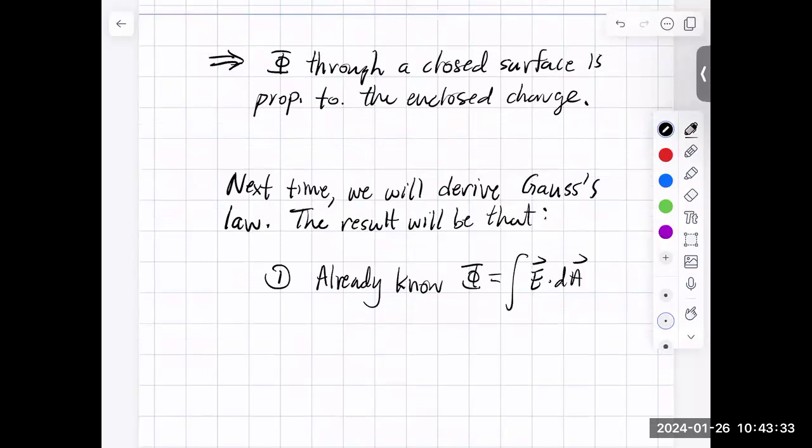What we're going to find is that the electric flux is also equal to Q over epsilon naught. We've already argued that it has to be proportional to the charge. What we'll have to show next time is that the proportionality constant is exactly 1 over epsilon naught.